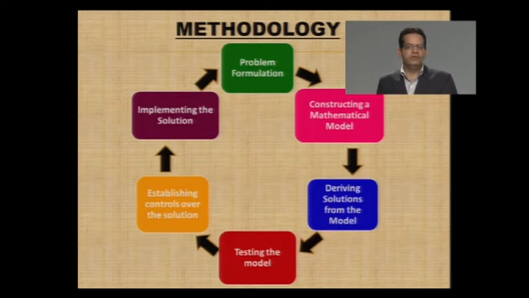In the next step, we implement the solution in the problem, whether our solution is feasible or applicable to the problem or not. And if our solution is not applicable to the problem, then we go back to constructing the mathematical model. We change the mathematical model and then repeat the same sequence of steps.